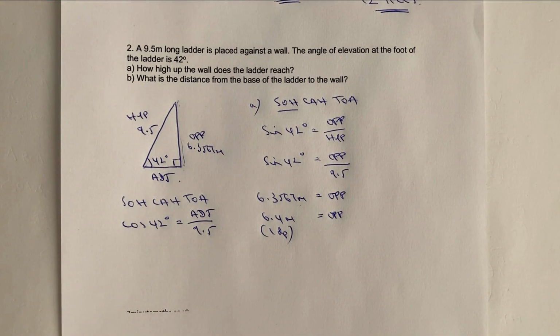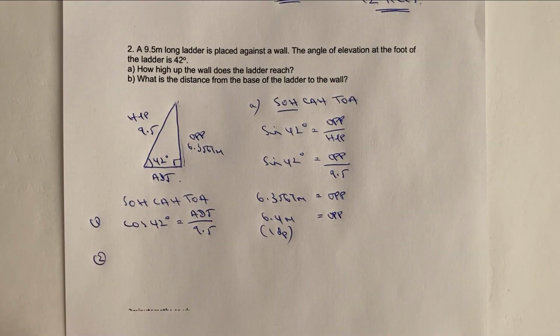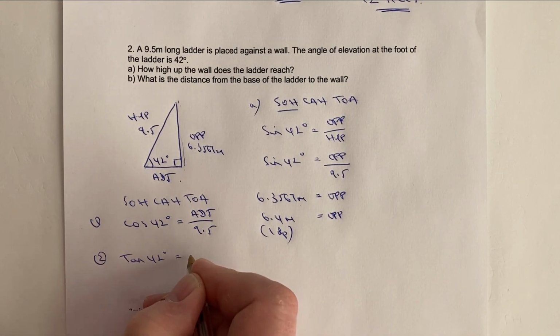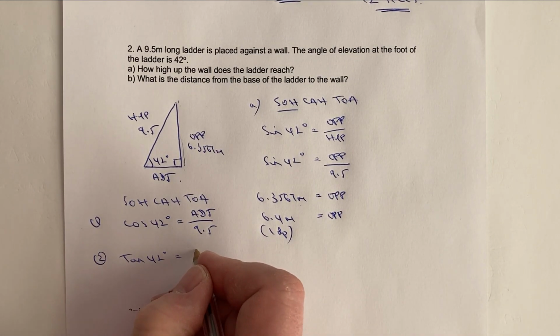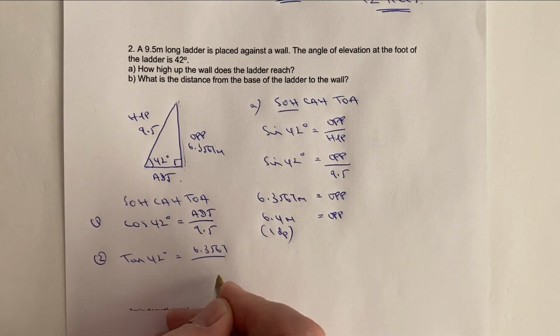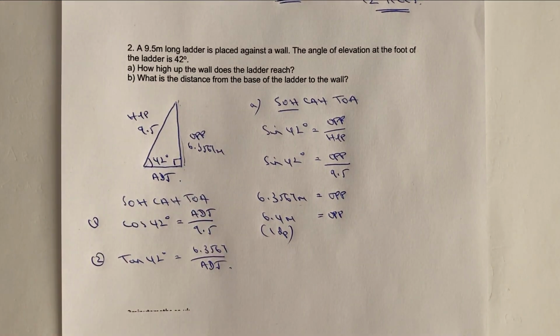So that's one option for me. My second option is I can use the tan of 42 degrees equals the opposite, which is 6.3567, divided by the adjacent. And really, I've got a choice.